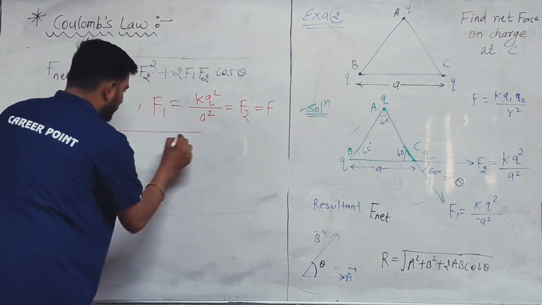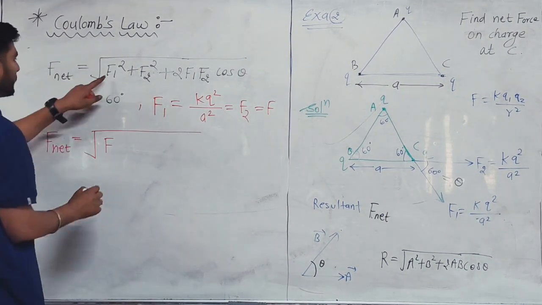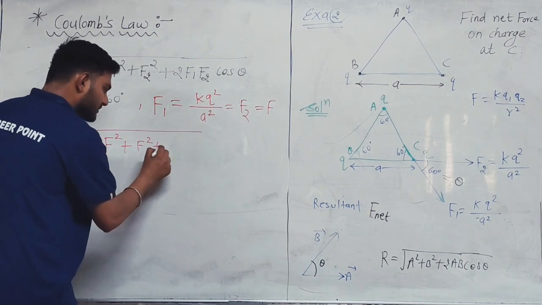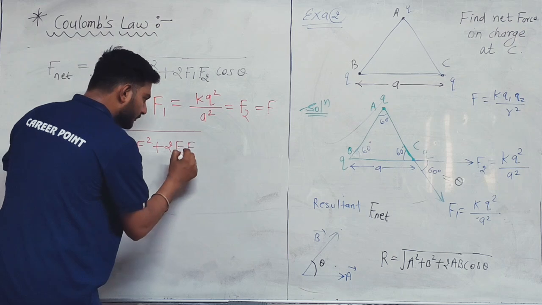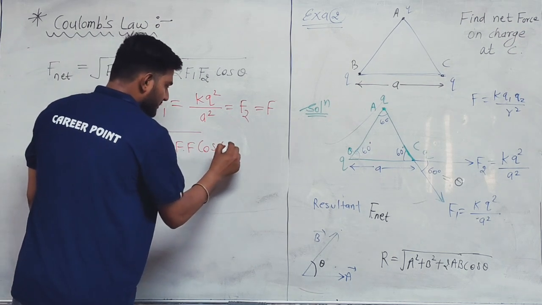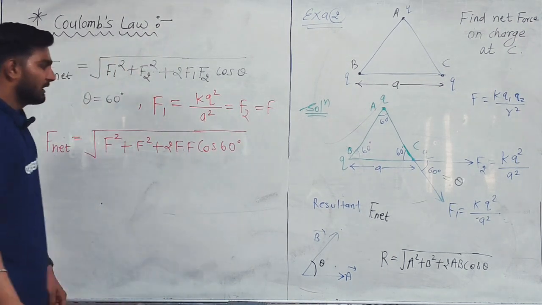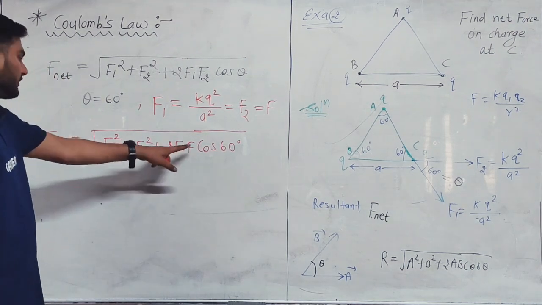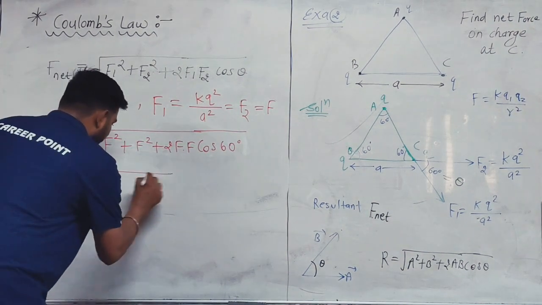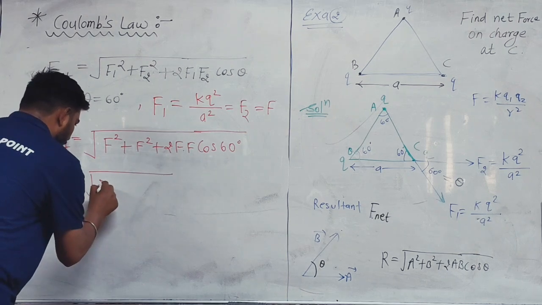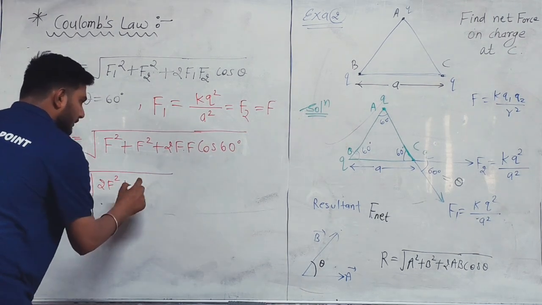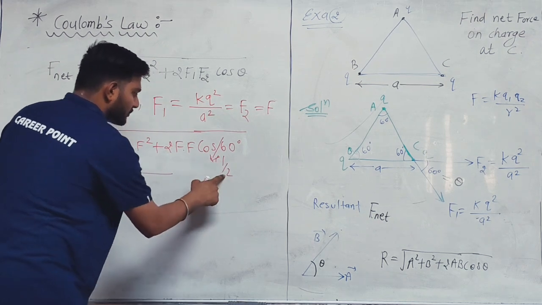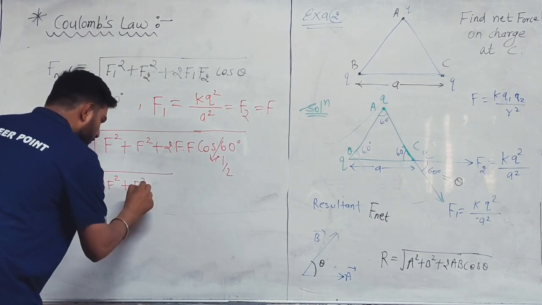It will be the square root of F square plus F square plus 2FF cos 60 degrees. Correct? And we know cos 60 is 1 by 2. So this 2 and this 1 by 2 get cancelled out. It becomes 2F square plus F square, which is 3F square.